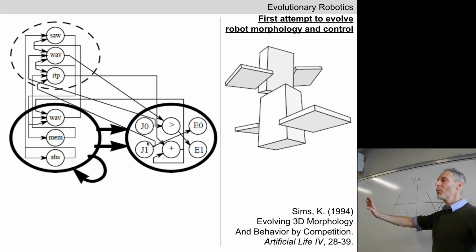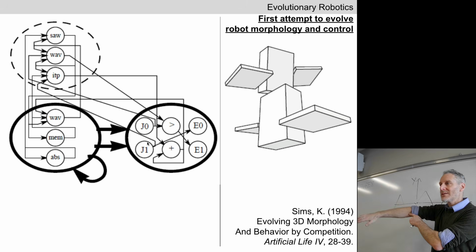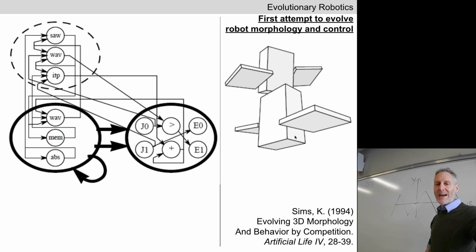This is dictating a proprioceptive sensor. Go get the angle of the joint and drop it into that neuron as the robot is swimming around. So these are being dictated by the genotype as sensor neurons. J0 and J1, these are referring to different joints.